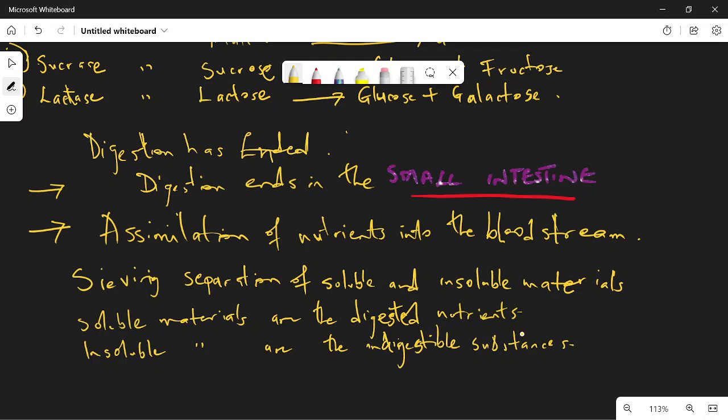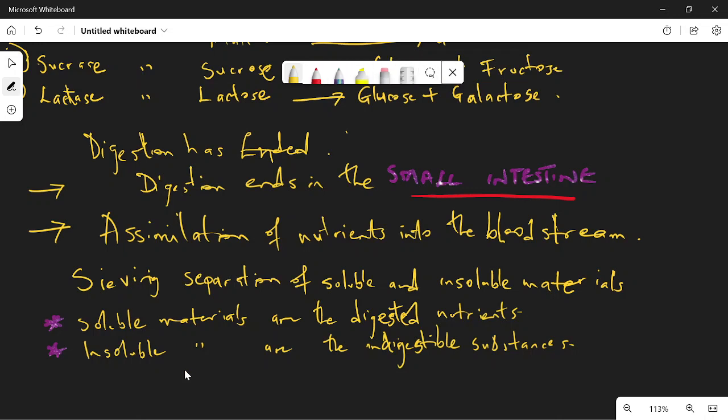The indigestible substances are referred to as the insoluble substances. Please, you need to take note of that. Are we together? So the soluble materials are the digested nutrients, while the insoluble materials are the indigestible substances. Now, how does sieving occur?